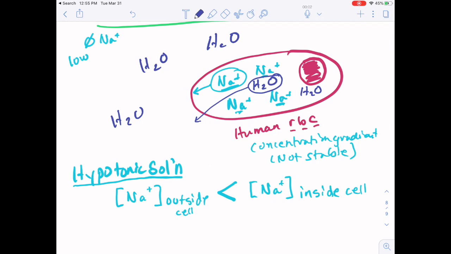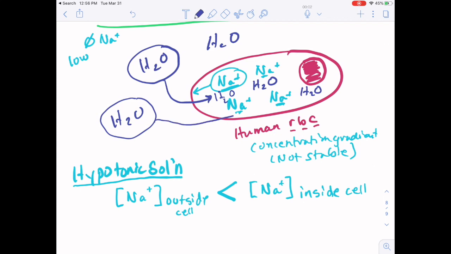So that is not going to happen. This time, water is going to move from the cellular environment into the inside of the cell. And can you see that as enough water moves inside the cell, that sodium concentration inside the cell will lower?